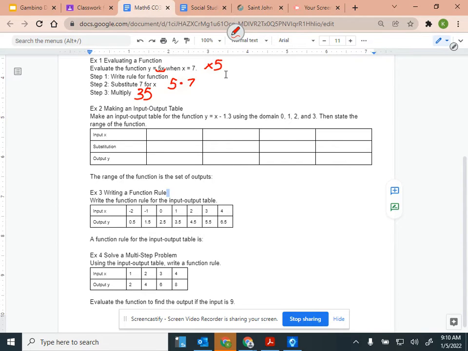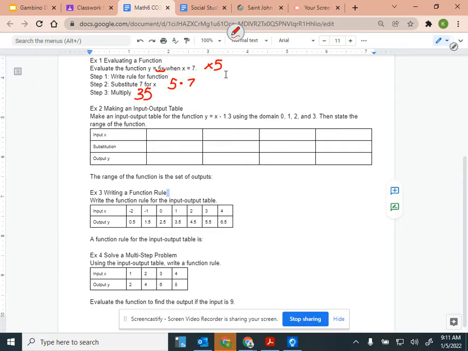So now we're going to use that to make our input-output table. So here we want the function to be x minus 1.3. So what's our rule? What do you think the rule of that function table is going to be? If it's x minus 1.3, what are we going to do to every input, to every x?